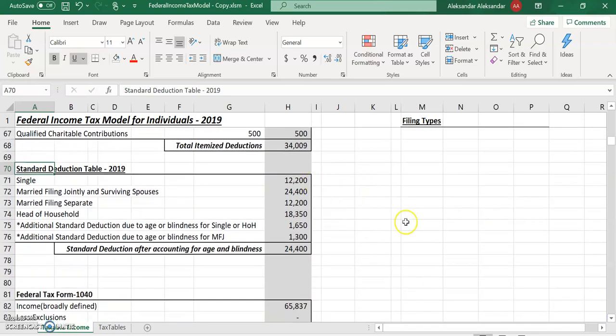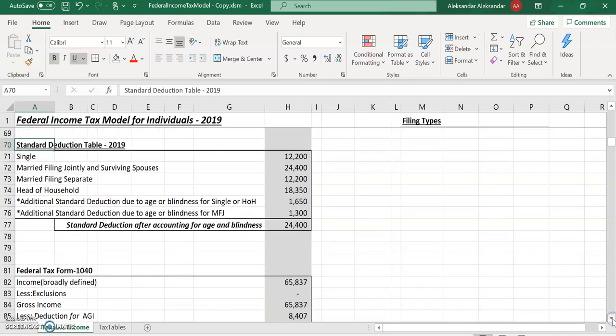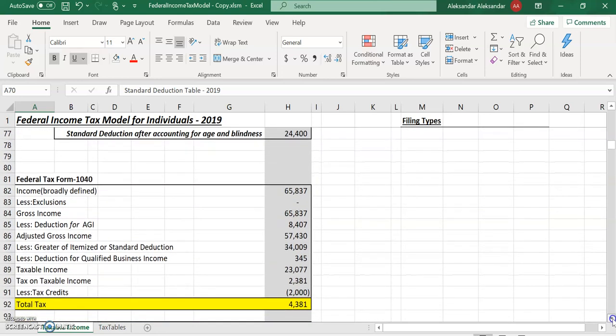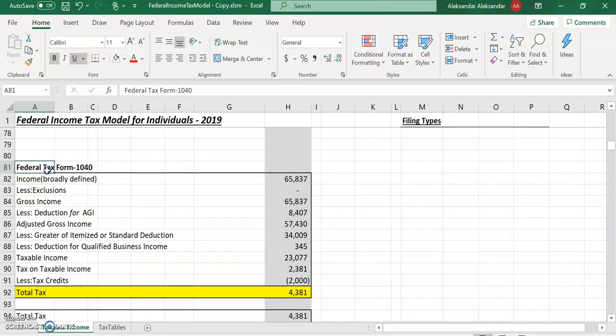So once you deduct it from your adjusted gross income, we are ready for our federal tax form 1040.